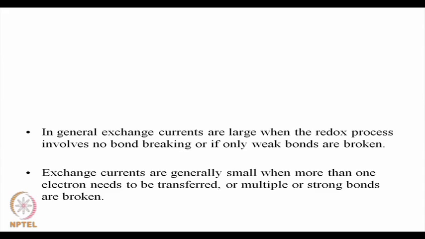So, high exchange current and low exchange current, the situations are different. No bond breaking or formation is there when the exchange current is large, but when it is small, one or more electrons need to be transferred, that is, bonds really have to be broken.